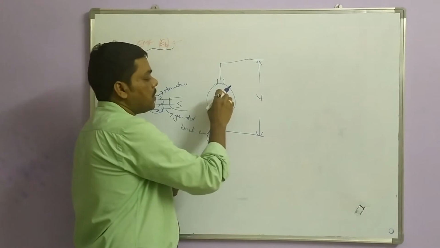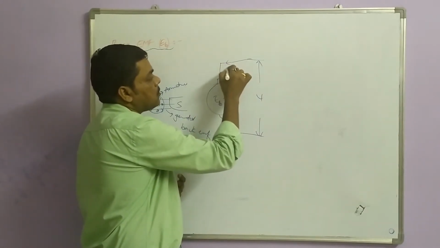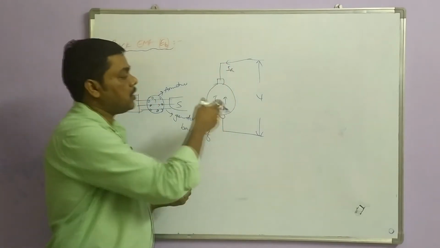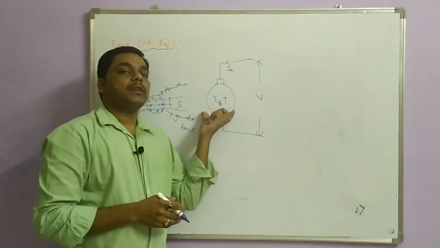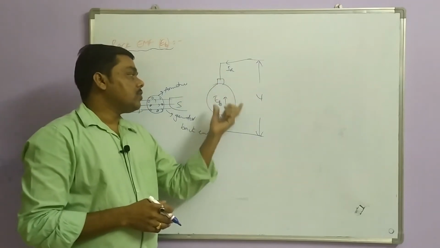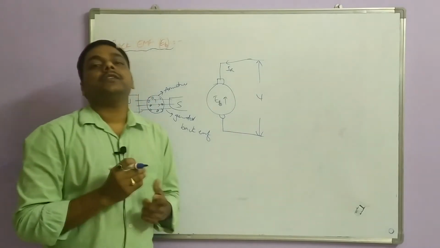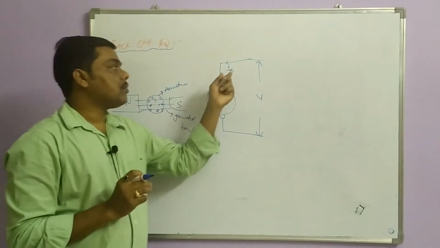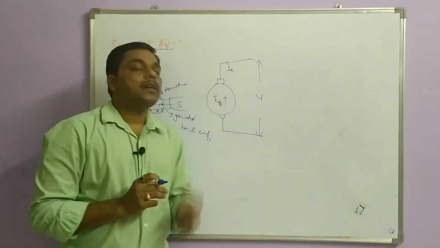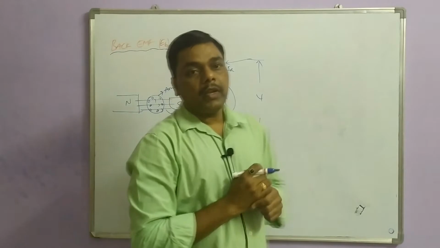So due to electromagnetic induction, the generated EMF is in the opposite direction to this voltage. Now this is the armature current coming into this armature. This armature current drives this motor. So our main intention is to drive this armature current against the back EMF.